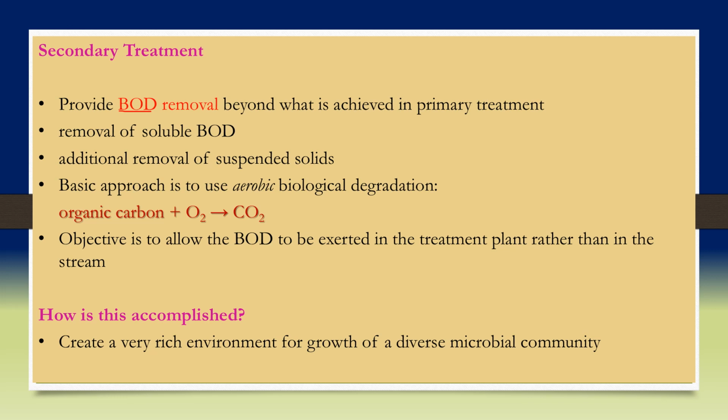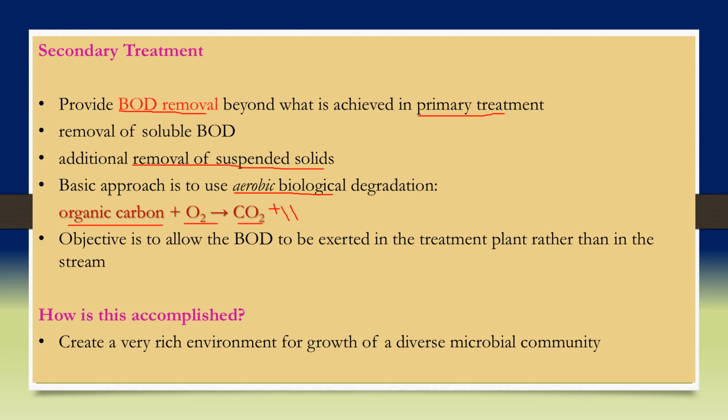It will provide BOD removal, which cannot be achieved in the primary treatment process, and also will remove some of the suspended solids, which also cannot be achieved in the primary treatment process. And in the aerobic biological degradation, the organic carbon will be added with the oxygen and produce carbon dioxide and H2O.